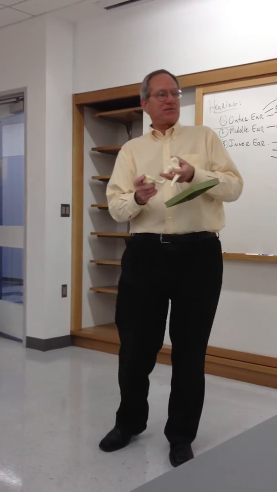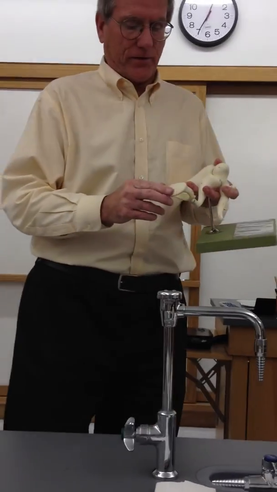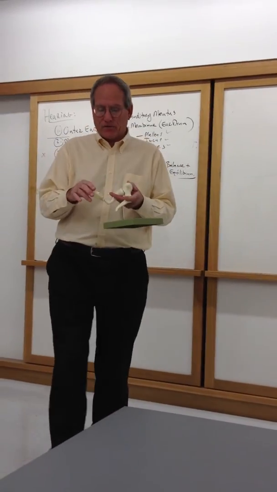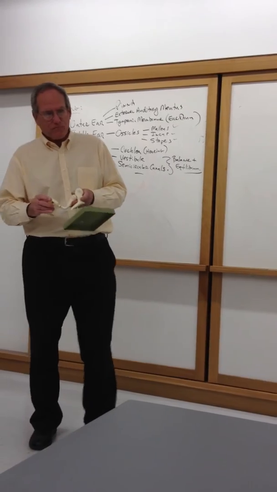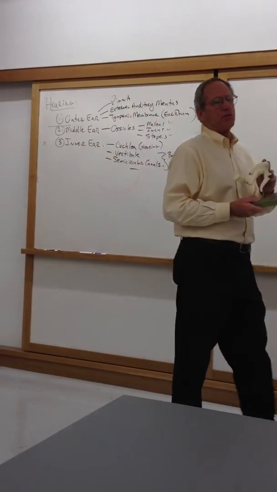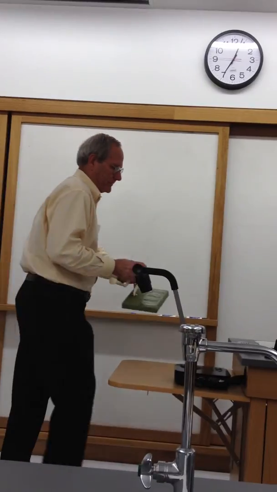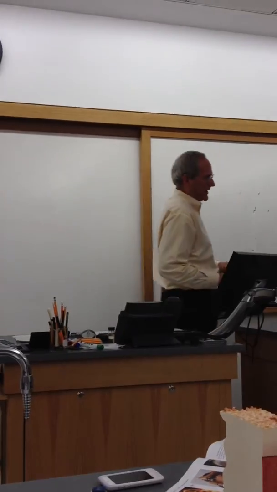And the oval window on the stapes literally connects to the internal part of the inner ear. So that's the passageway from the middle ear into the inner ear. There's really not too much happening in the ossicles other than the eardrum taking that sound wave.